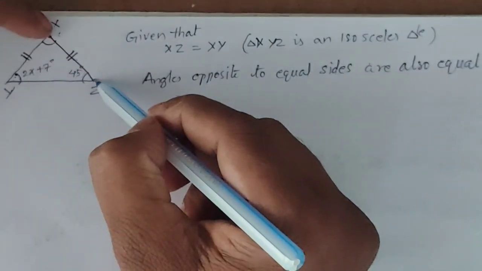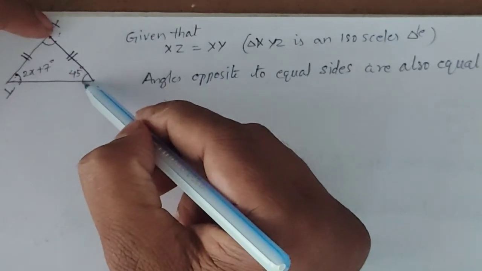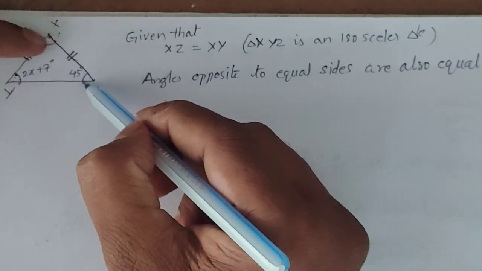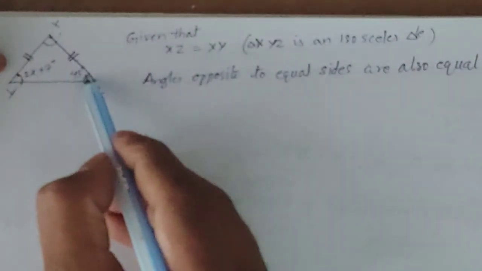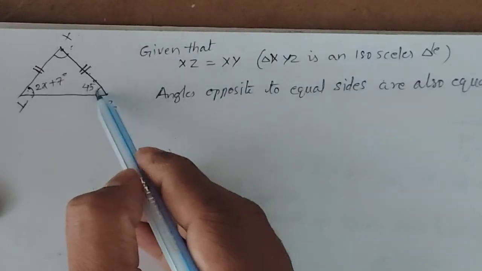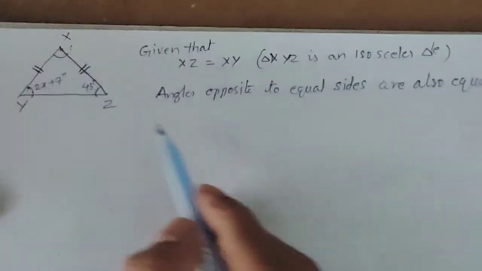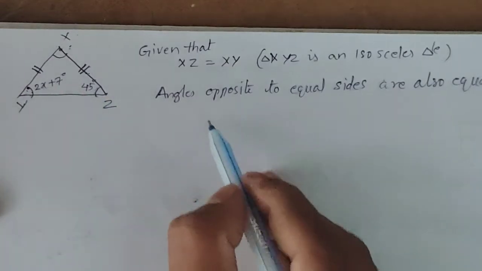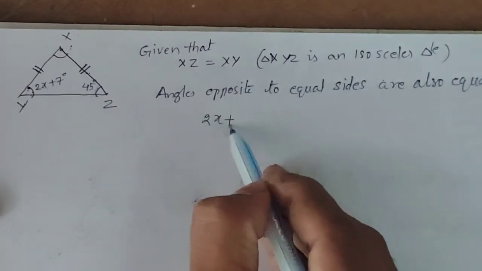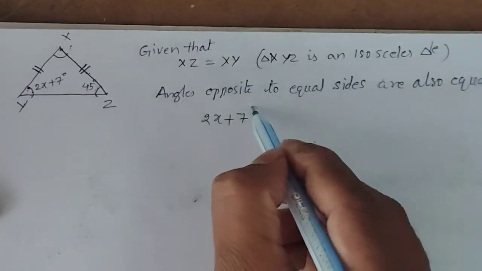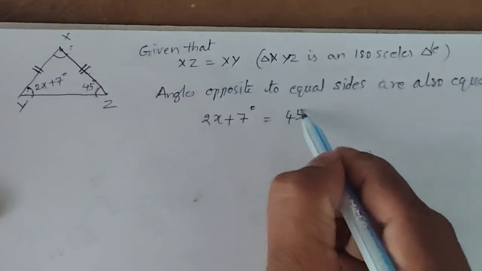At the same time, 45 degrees is opposite to xy. That means these two angles are equal, because 2x plus 7 degrees is the angle opposite to xz, and 45 degrees is opposite to xy. So these two angles are equal. Therefore 2x plus 7 degrees is equal to 45 degrees.